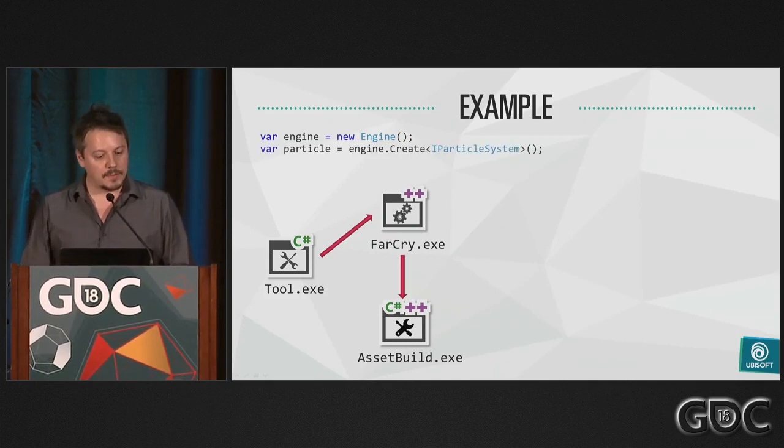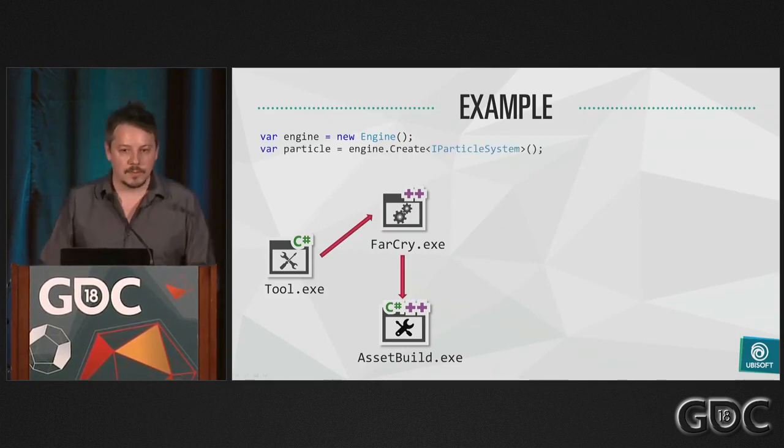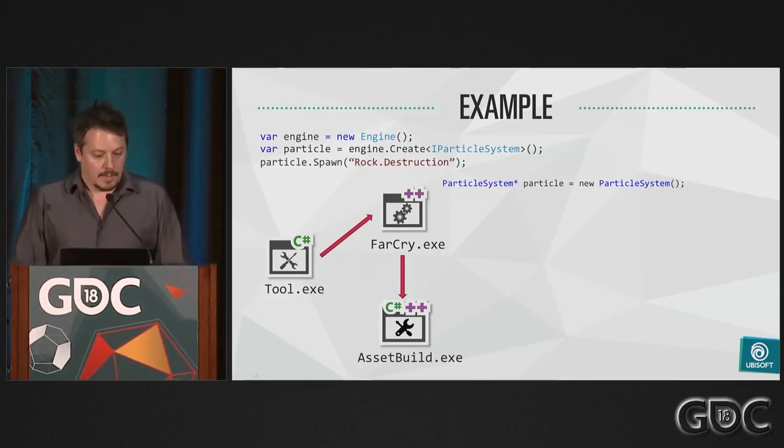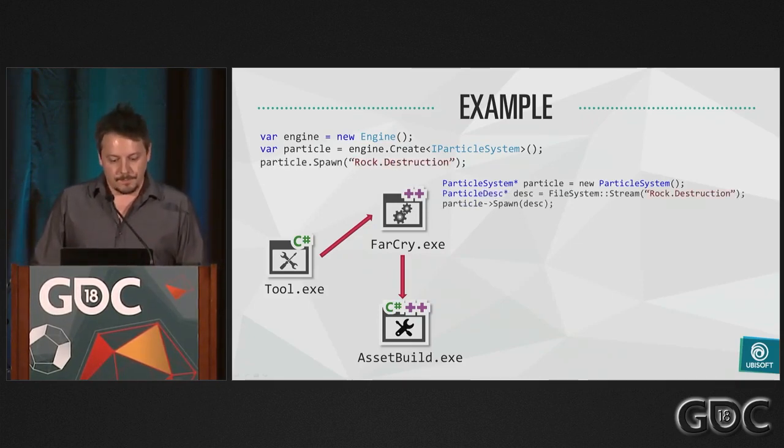Then we start executing one line of code like this one, making the call through the set of high-level APIs. We're making the call on the tool side that will be executed on the engine side. And we have some kind of similar code that will be executed on the engine side through the API. And then we're going to spawn our particle.